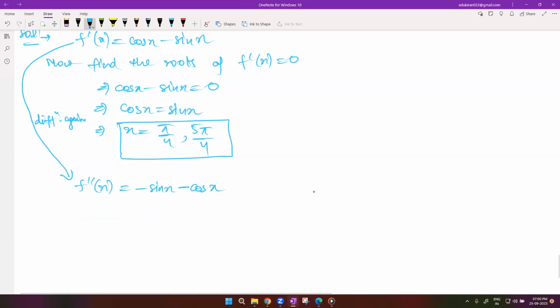Now I want to know whether x equal to pi by 4 is a point of local minima, local maxima or point of inflection. Very easy. For x equal to pi by 4, I want to find f double dash pi by 4. So in place of x, you replace x with pi by 4.